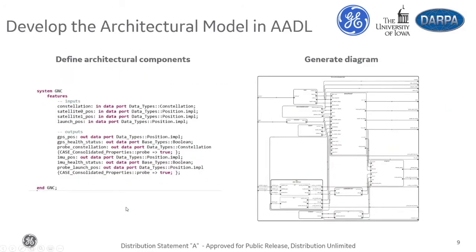The previous picture of the drone was kind of a PowerPoint architecture diagram. Here we show the diagram that we generated in AADL. In AADL, for each of those major components in the architecture, we define the inputs and the outputs, similar to the information that you see on the left here.